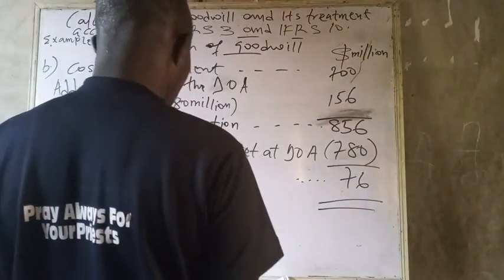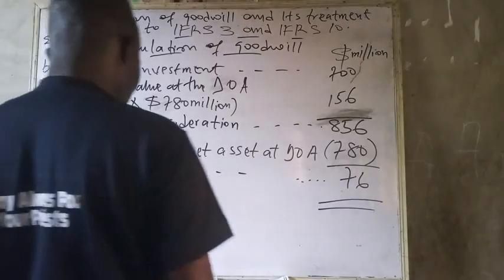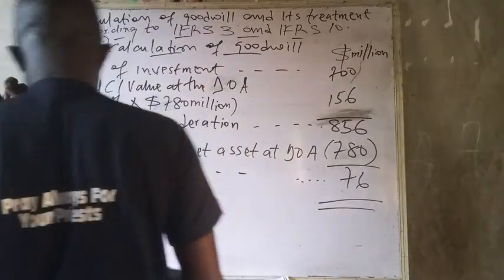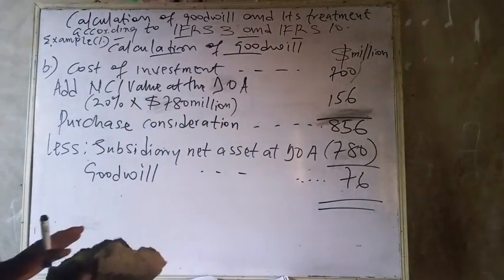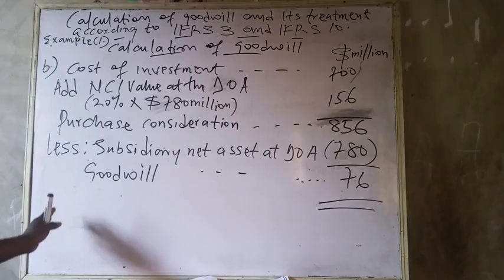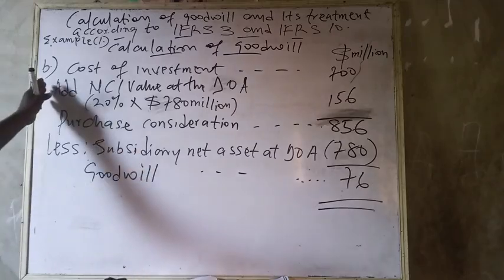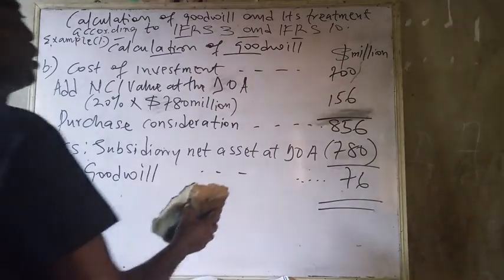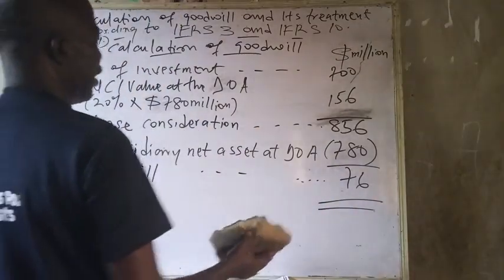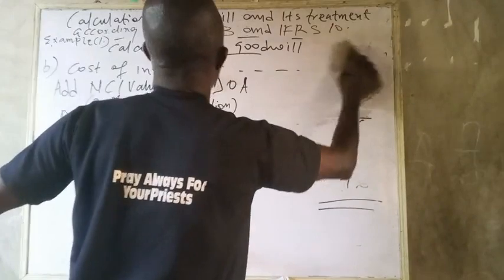That is the last part of the question. So we now take it one by one. We did A, the group structure, and B, the calculation, and the conclusion is the treatment according to IFRS 3 and IFRS 10.